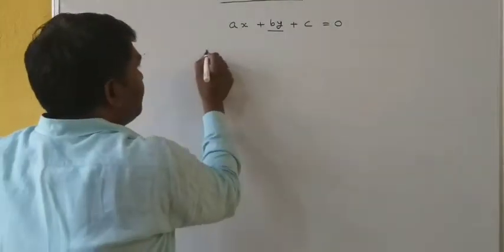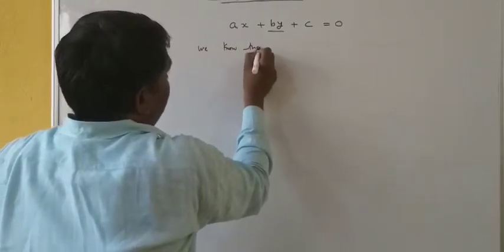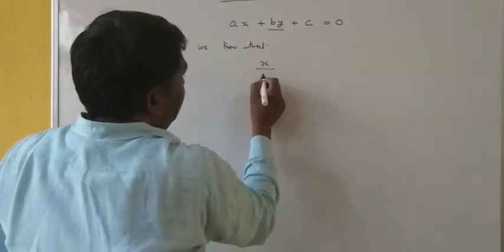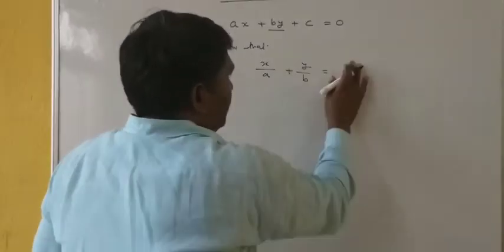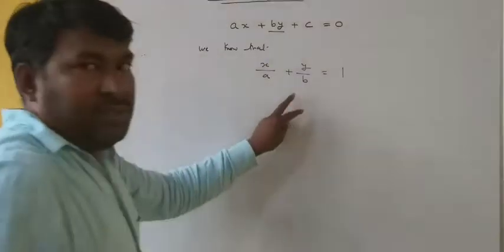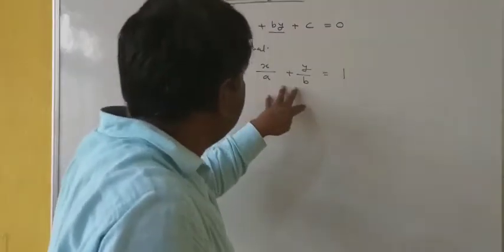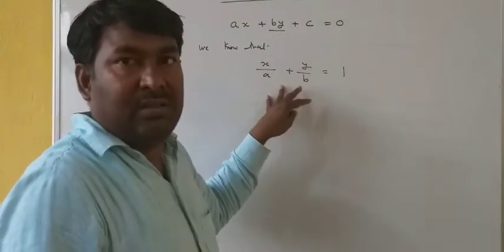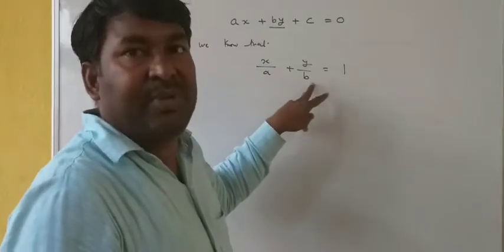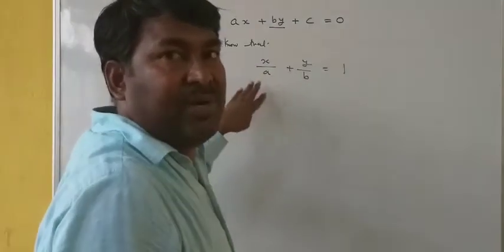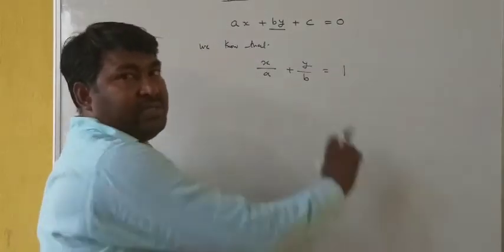Since we know that x upon a plus y upon b is equal to 1 is the equation of a line in intercept form. A is the x-intercept, B is the y-intercept, meaning the intercept cut by the line on the x-axis is A, and the intercept cut on the y-axis is B.